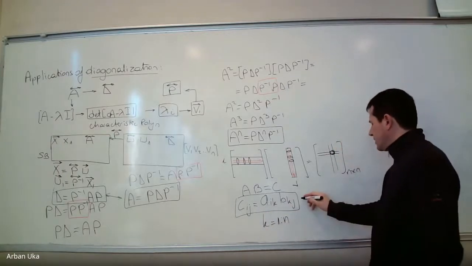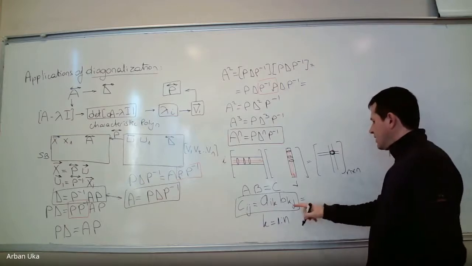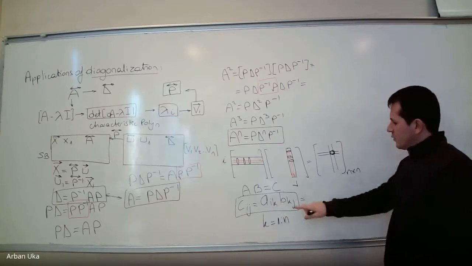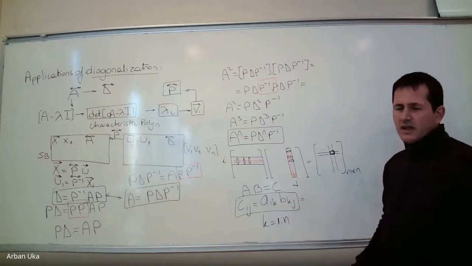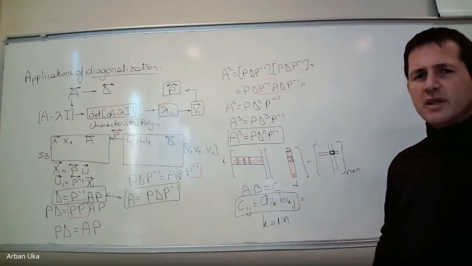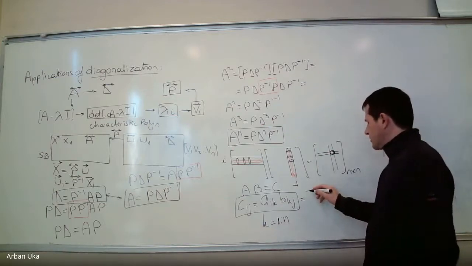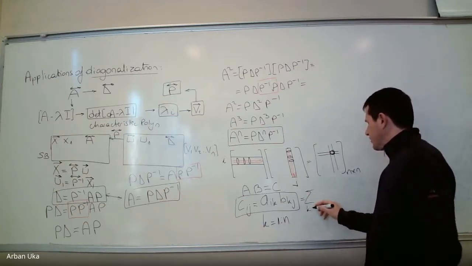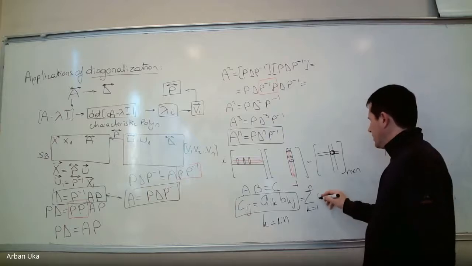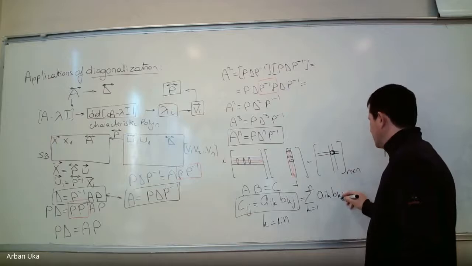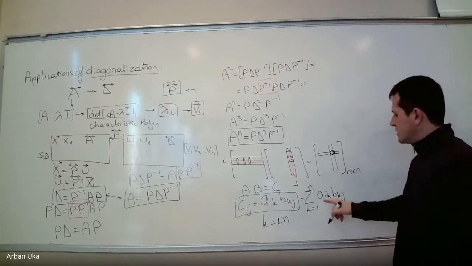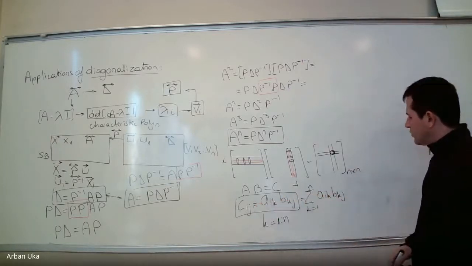And in fact, each time we see an index, like in this case k, which is repeated, this means that we are talking about a summation term. So this is the summation of k from 1 to n of A_ik B_kj. So this is the element that we are trying to find.